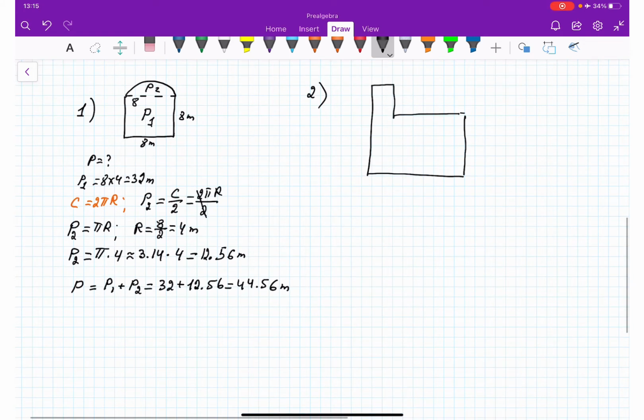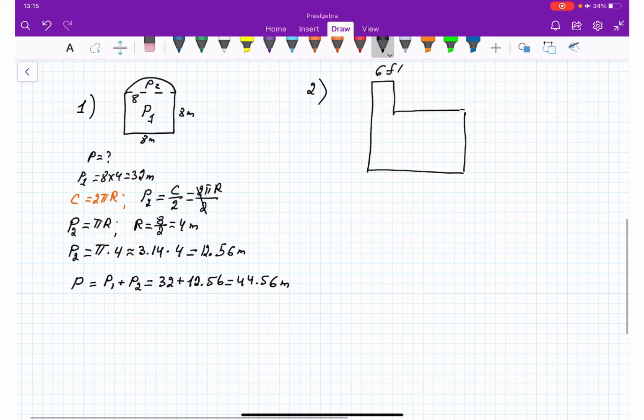So this is 6 feet, 7 feet, 24 feet, and 22 feet.